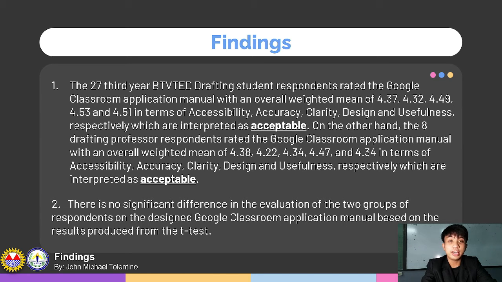On the other hand, the 8 drafting professor respondents rated the manual with an overall weighted mean of 4.38, 4.22, 4.34, 4.47, and 4.34 in terms of accessibility, accuracy, clarity, design, and usefulness, respectively, which are also interpreted as acceptable. There is no significant difference in the evaluation of the two groups of respondents on the designed Google Classroom application manual based on the results produced from the t-test.